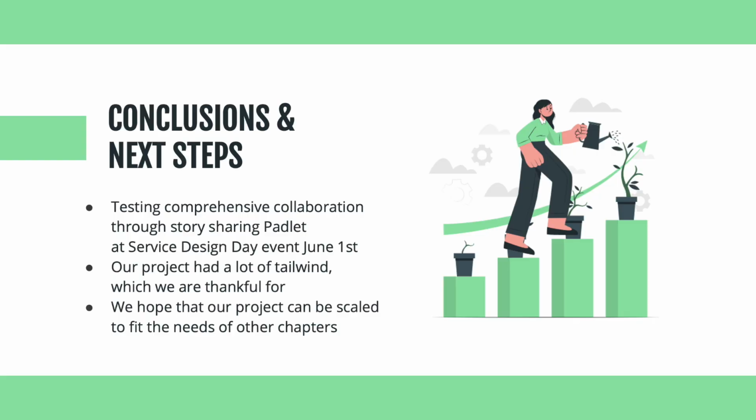In a way, we had so many ideas gathered in the process, so we could not go with just one. So this is a place where all of them are combined into a roadmap. Our next steps in the process are that we are going to further test during the Service Design Day.